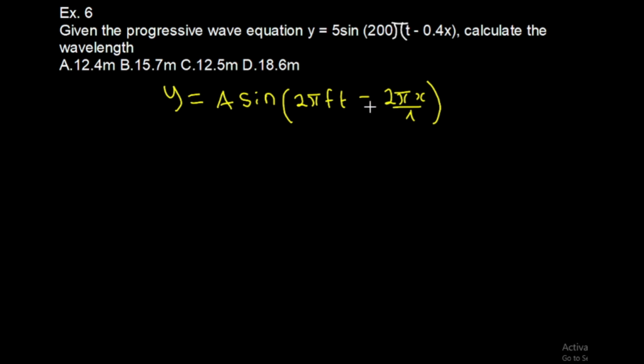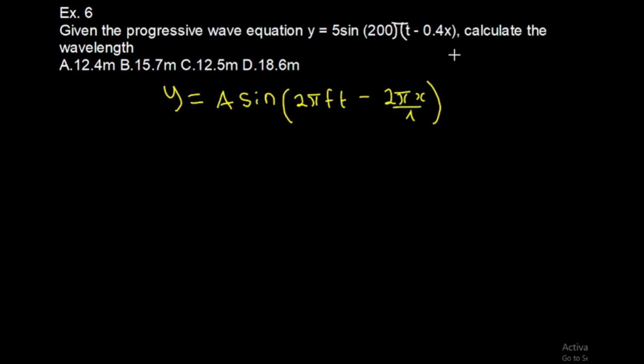All right. This is just a way of representing it. If the wave travels towards the positive x direction, we represent it like this. If it moves towards the negative x direction, we use the other format. So this really does not matter. You just need to compare when solving. So we have y equals a sine (2 pi ft minus 2 pi x over lambda).